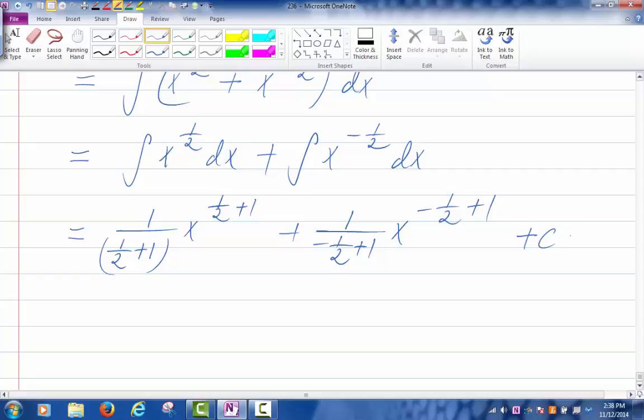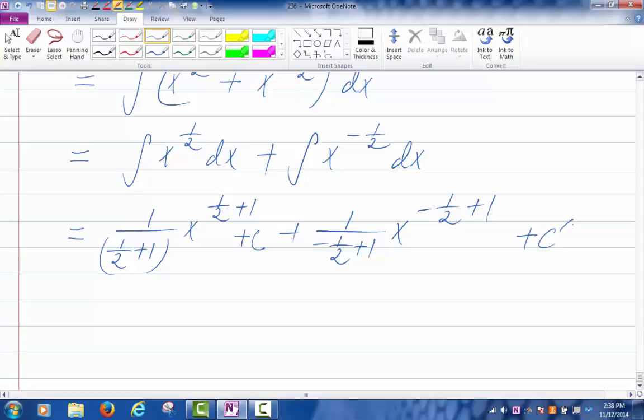You might ask me, why didn't I add a c for each of the integrals? I could have added a c for the first one, and then I could have added a c prime for the second one. So I could have written two different constants. But that's redundant. Remember, c represents any constant.